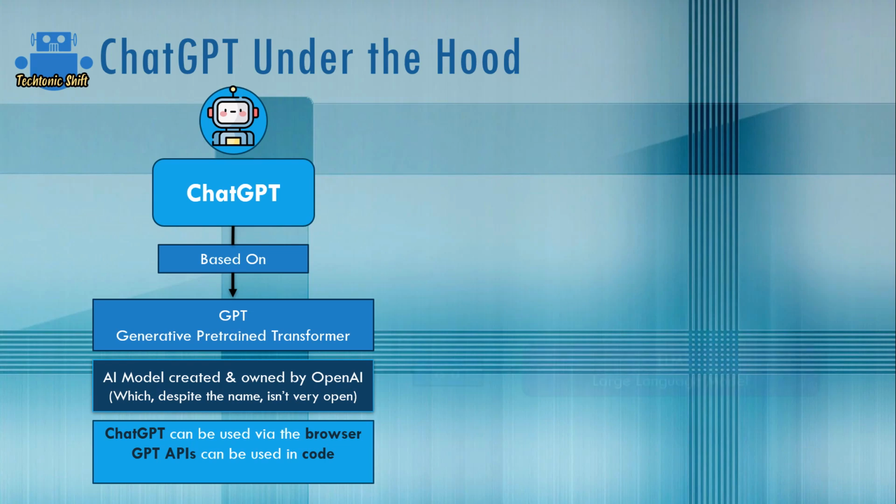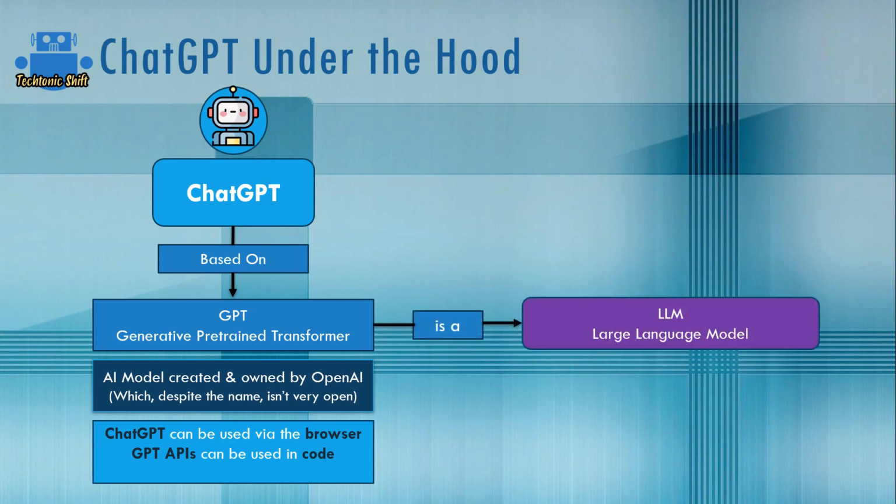Now, this GPT AI model is a so called large language model. And large language models are a general thing, not exclusive to OpenAI. ChatGPT and those OpenAI trained GPT models are owned by OpenAI. Large language models are a general concept, and the GPT models happen to be such large language models.